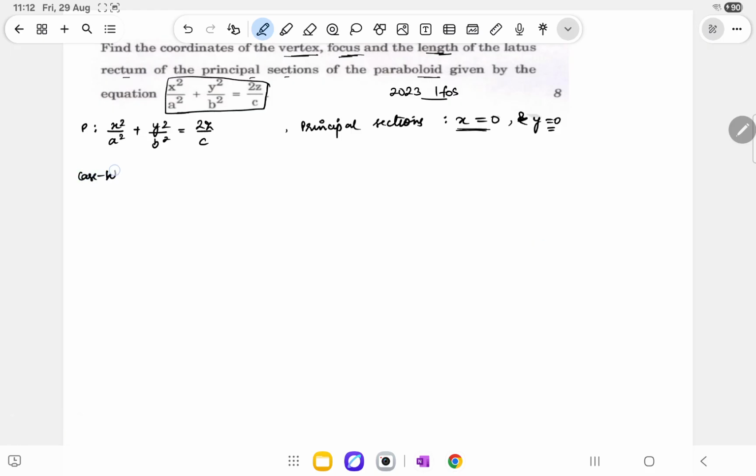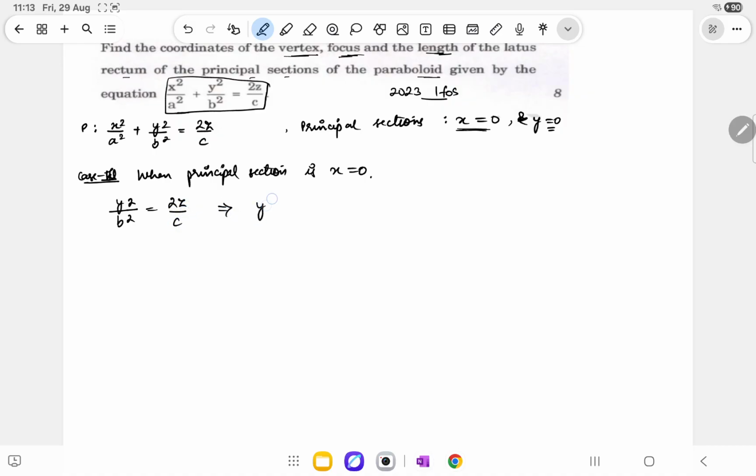So case 1, when principal section is x equals 0. If I put x equals 0 in the given equation of paraboloid, I'll get y square by b square is equal to 2z by c.